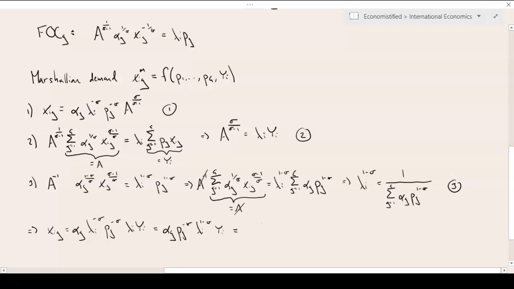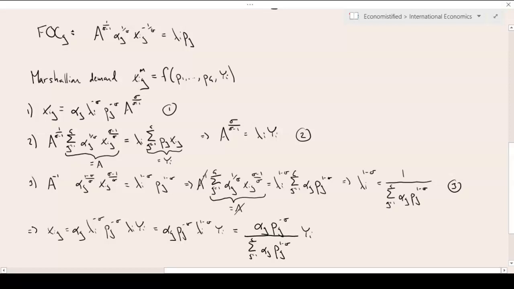So I get that xig, the demand for good g, is just equal to this function of prices. And it's a function of all prices, as I said it would be.